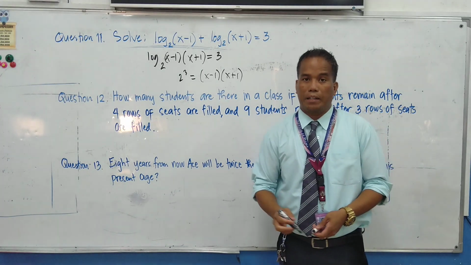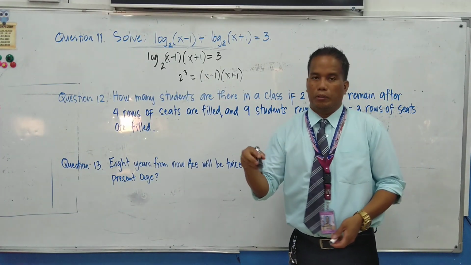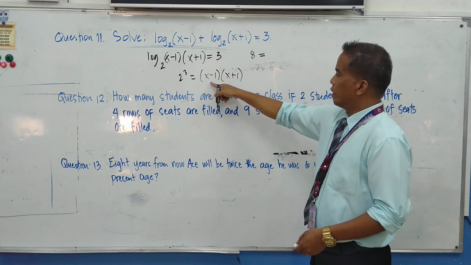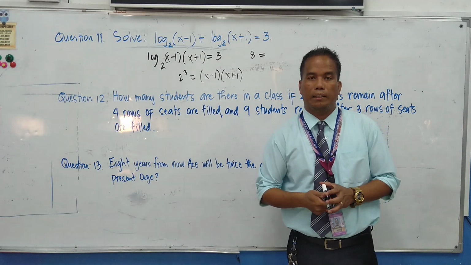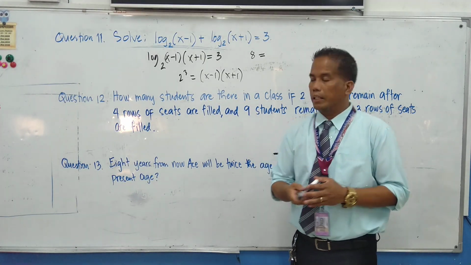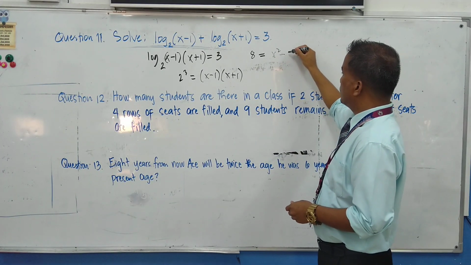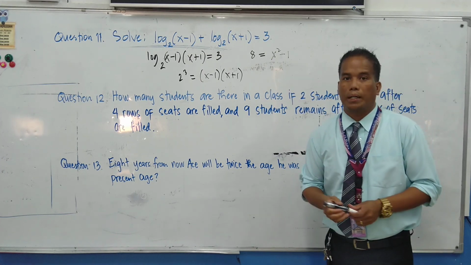And then, simplifying, 2 raised to the third power, 2 times 2 times 2, the answer is 8, equals quantity x minus 1 times quantity x plus 1. If you multiply, the result will be x squared minus 1. Okay? X squared minus 1.